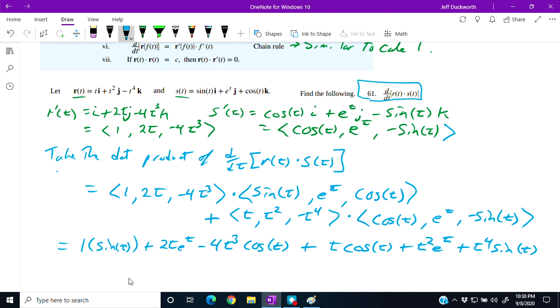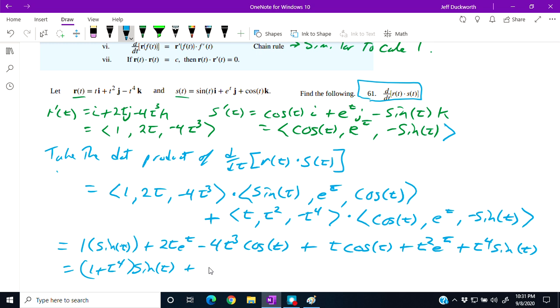And we can probably clean this up a little bit. We want to keep the sines and cosines together. We can certainly do that. So this is going to be 1 plus t to the fourth times sine of t. And then we can factor out a t, I guess.